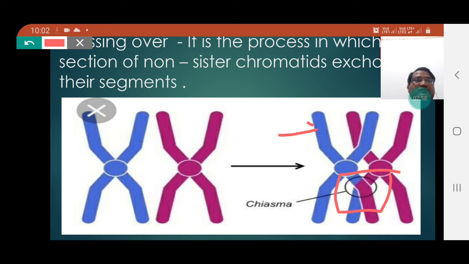One is blue and the other is red. Because these two non-sister chromatids are exchanging their segments, there is formation of chiasma. The exact point where the non-sister chromatids exchange their segments is called chiasma.